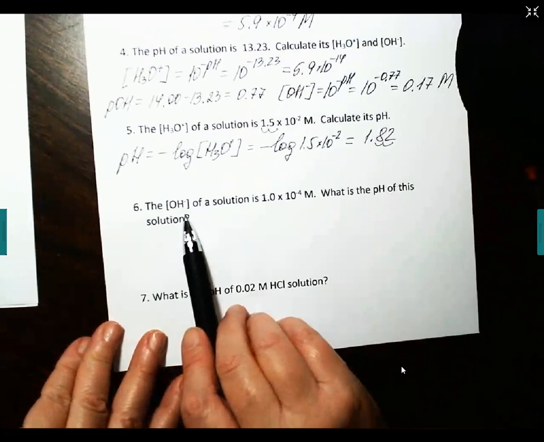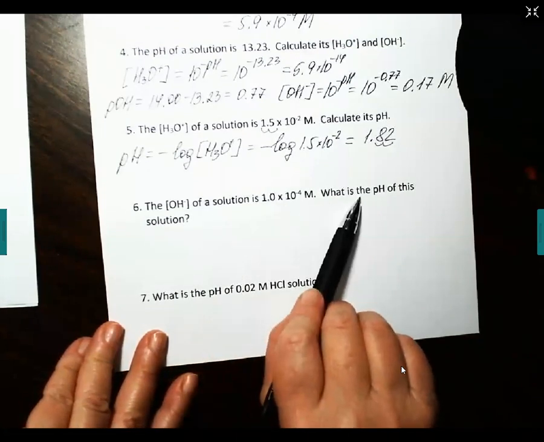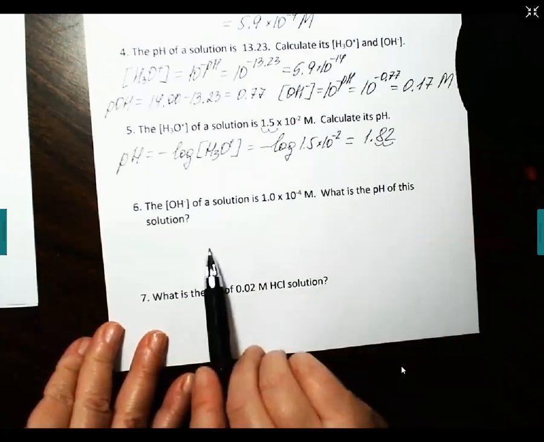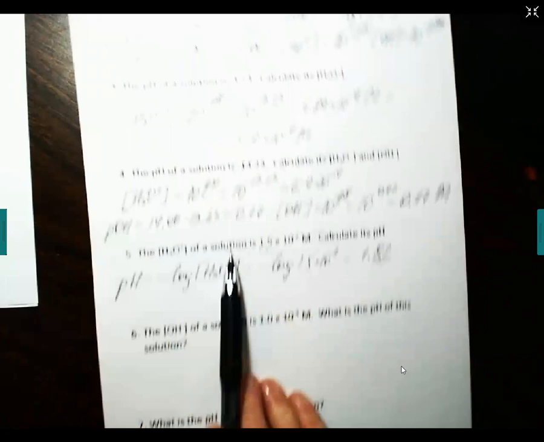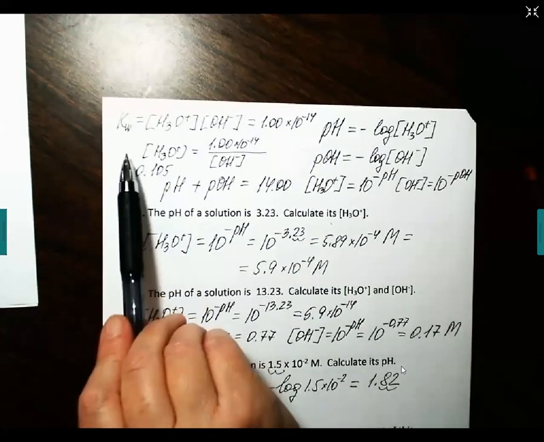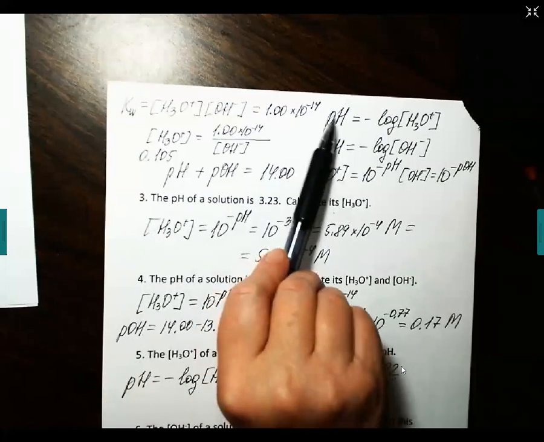So the hydroxide ion concentration is given. We need to calculate pH. Again, two ways. We can first calculate H3O plus using this equation, and then take the negative log of it.